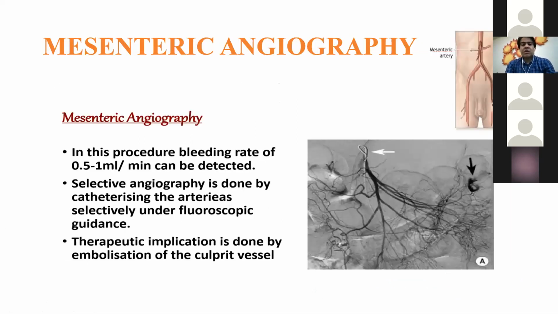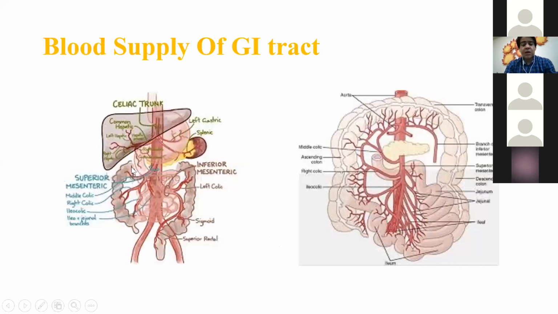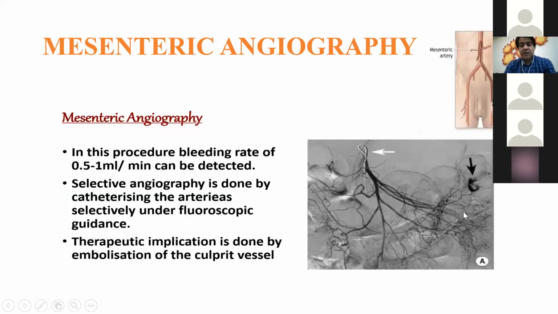The second modality is mesenteric angiography. Mesenteric angiography is a technique which is usually performed by the interventional radiologist. Before mesenteric angiography, you must know the different blood supply of the large gut and the role of the mesenteric artery. Here you can see the interventional radiologist usually accesses the artery, enters into the aorta and comes in contact with the mesenteric artery.